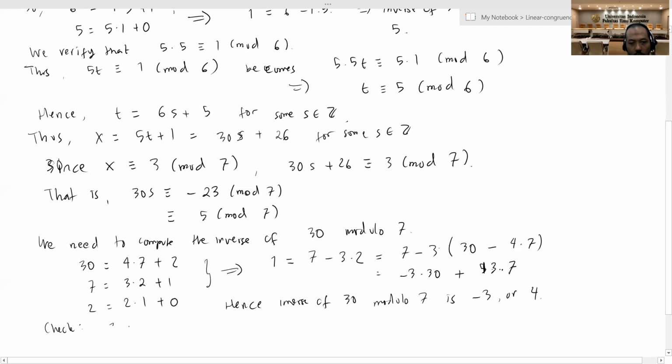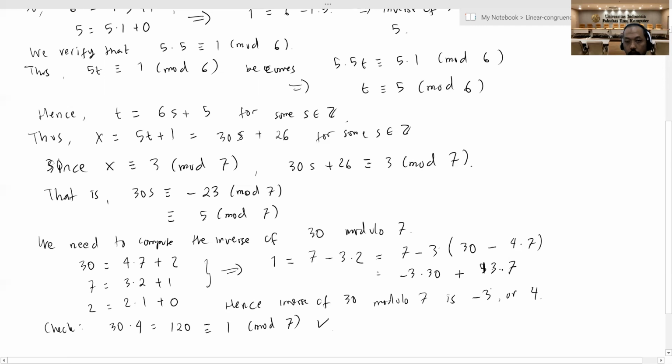So 30 times 4 is 120, and this is congruent to 1 modulo 7. So we fulfill it. We get that 4 is the inverse for 30.